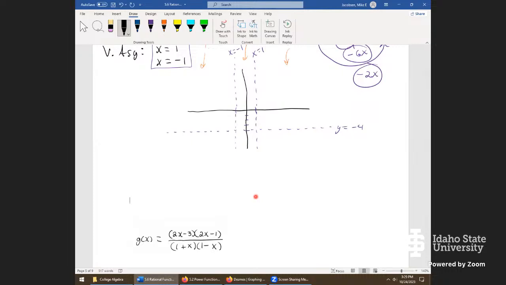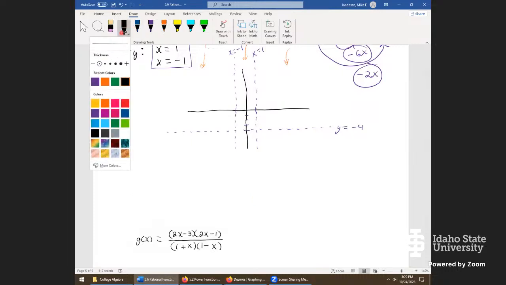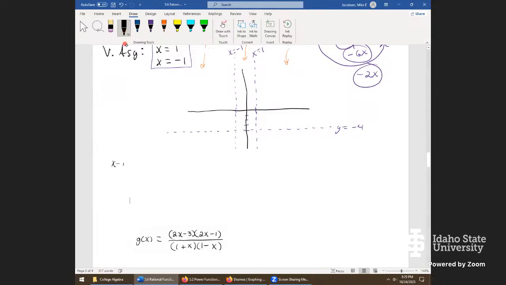Let's organize as before. So I'll do x-intercept first. To get our x-intercepts, we're just taking the whole function g of x, setting it equal to 0. But here's a reminder, the only thing that matters in that is the numerator.